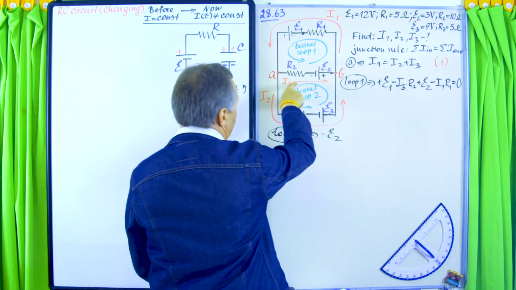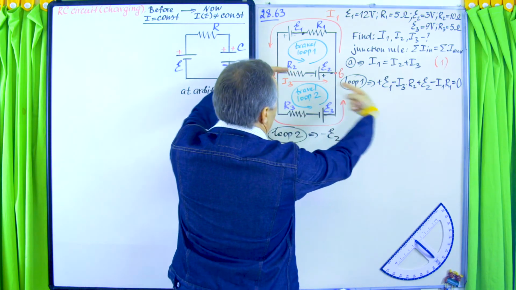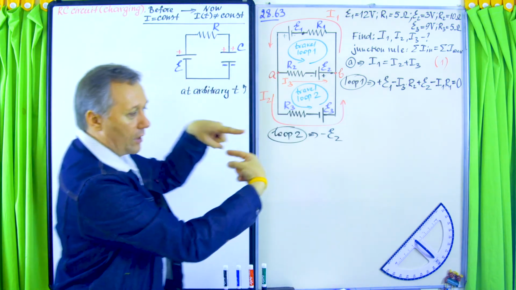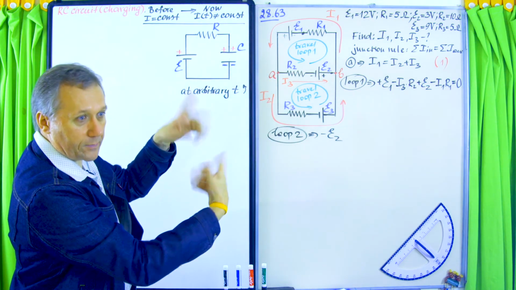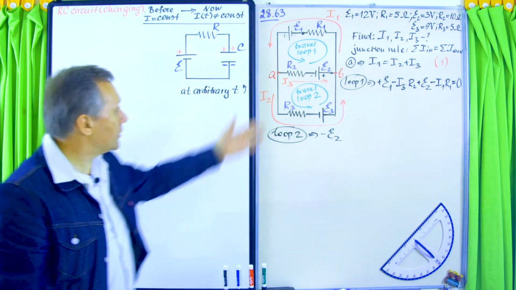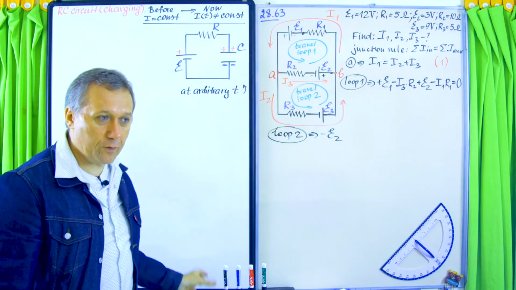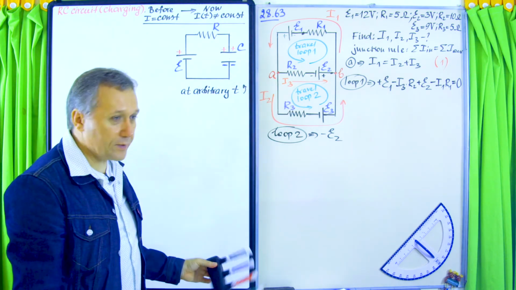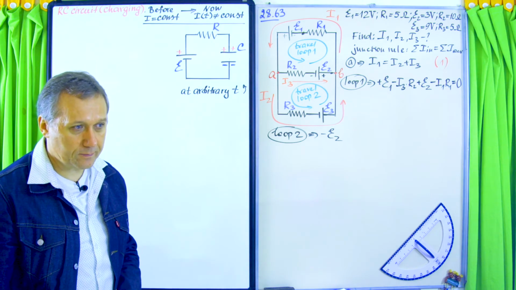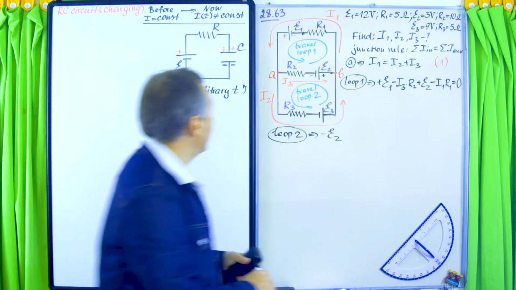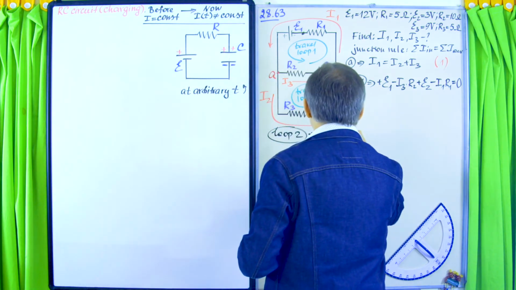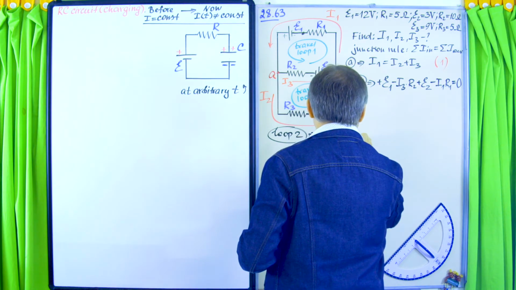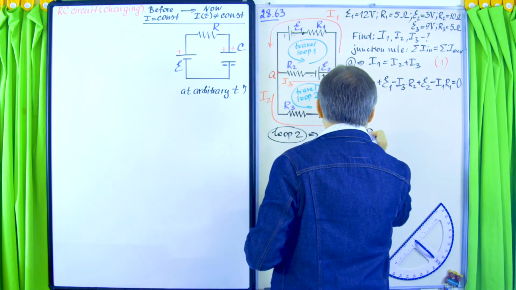You see, red I3, but travel direction that way. So directions are opposite, and we're dealing with a resistor, so it's rule number 4: if directions are opposite, then contribution is positive. So in this case it will be plus I3 times R2.